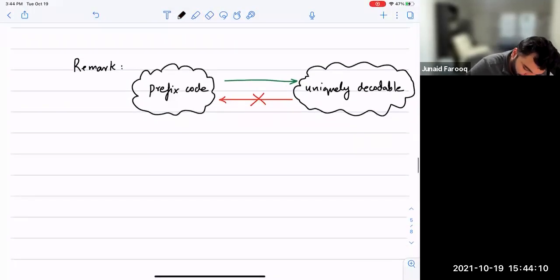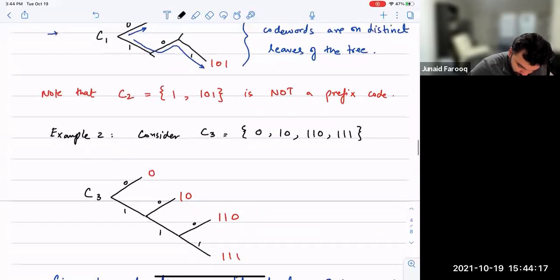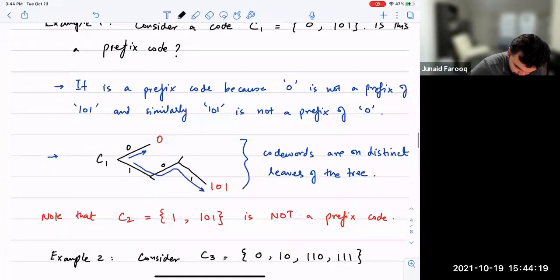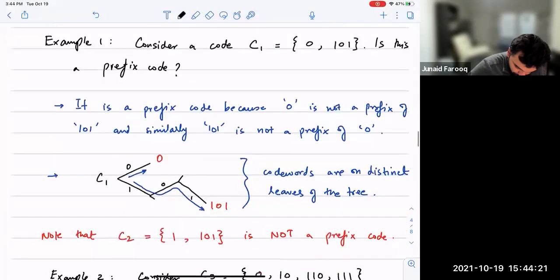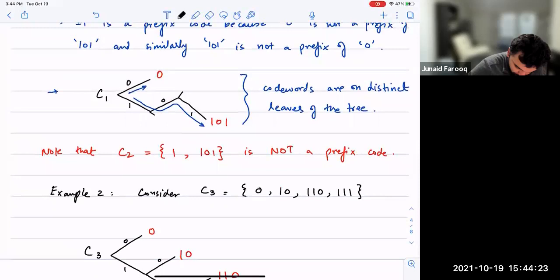Okay, so for example, C2, right? So it's our code C2, which is 1, 101. It is not a prefix code, right? But it is uniquely decodable.